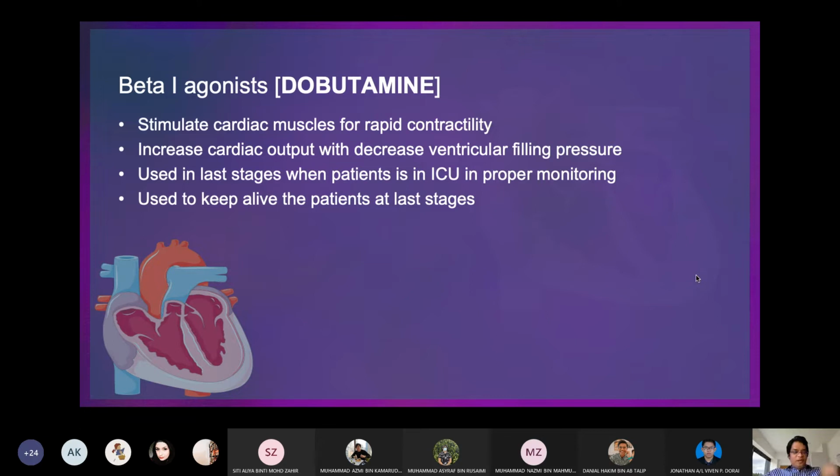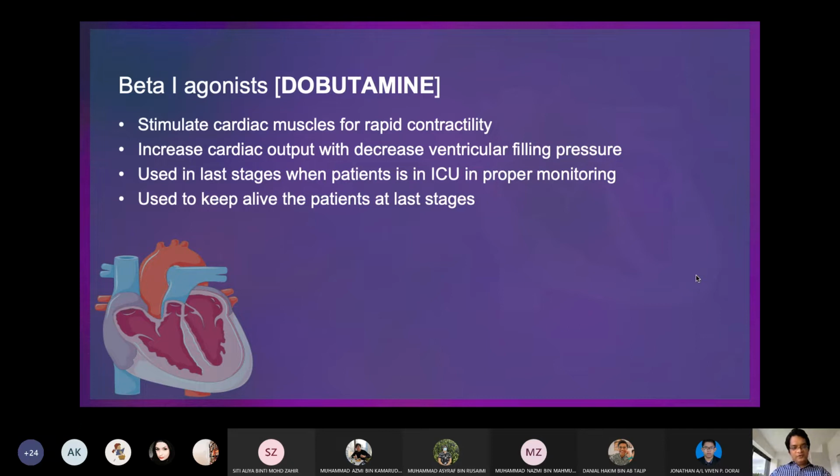Finally, beta-1 agonist. It will stimulate your beta-1 receptor, so there will be increased inotropic and increased chronotropic effect in the patient. So far, at your level, even year 3, everybody will be looking for this grade 1 or first objective: how to improve cardiac contractility. So 3 groups of drugs: digoxin, phosphodiesterase enzyme inhibitors, and beta-1 agonists.